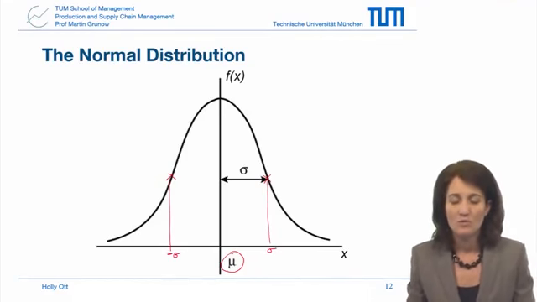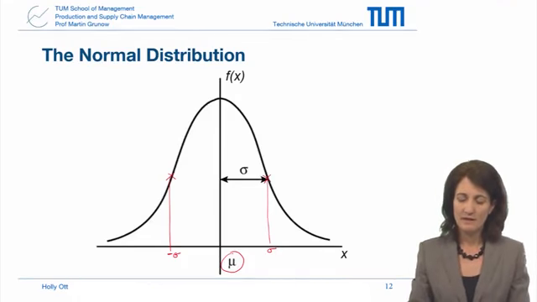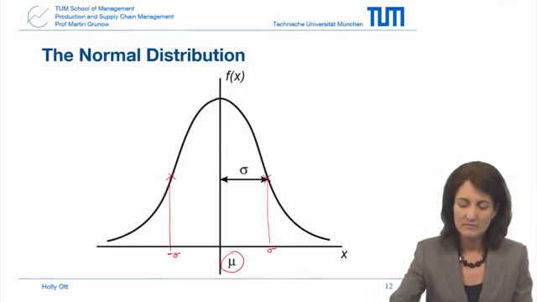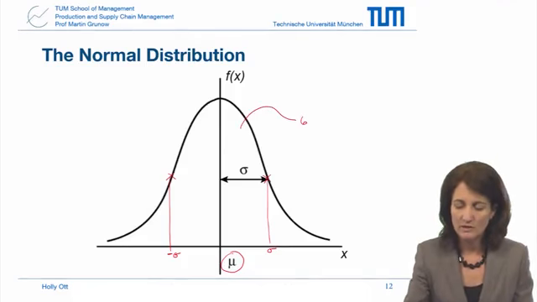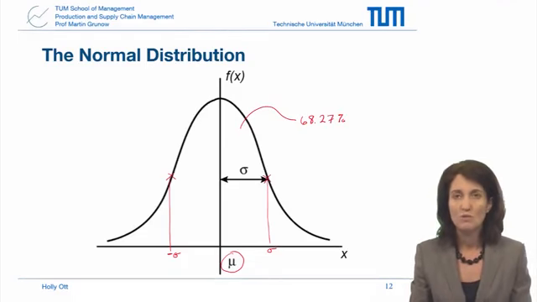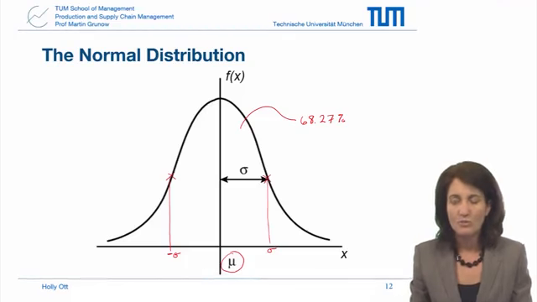Now what we did with an example, I think we used the example of tabletops, is that we were saying that if our tabletop length is normally distributed, then we can be sure that about 68.27% of our tabletops will fall within plus or minus 1 sigma, 1 standard deviation of the mean.